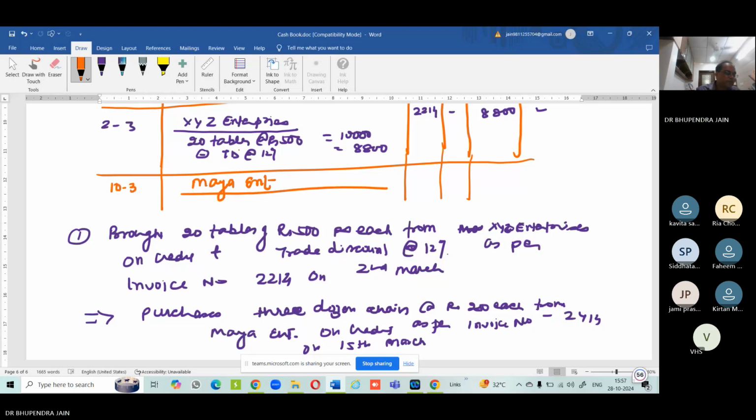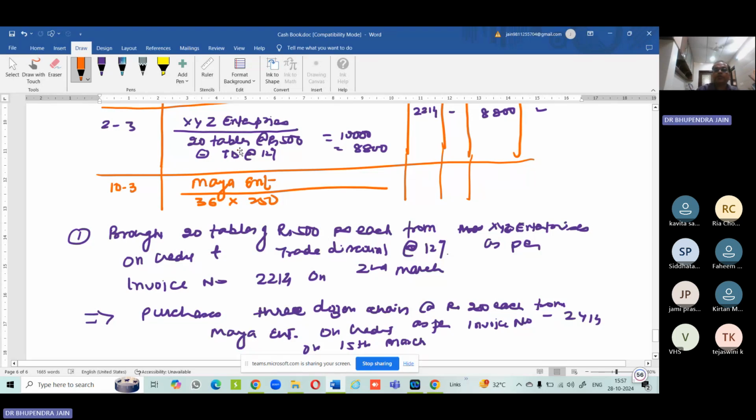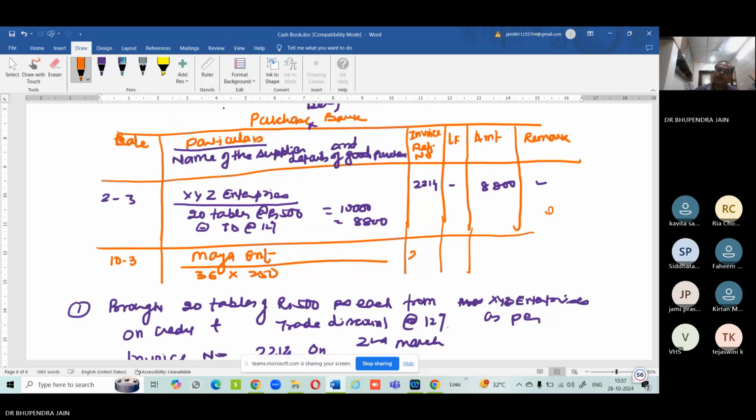The quantity is 3 dozen chairs at the rate of 250 per chair. So that means 36 chairs into 250 per chair. So 36 into 250, this is 9,000. Here you have to write the invoice number, 2414, and write down the amount here, 9,000. Okay. This is the second subsidiary book, the purchase book.